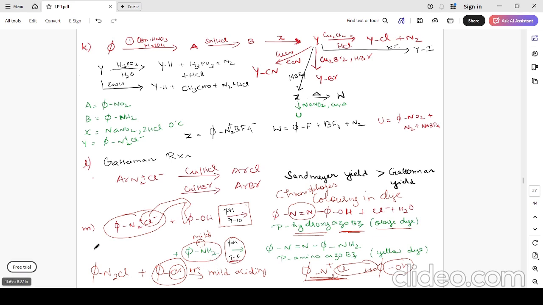Again the same thing is happening. I am having benzene diazonium chloride and I have aniline. This HCl is removed. You can see you are having para-aminoazobenzene, which is yellow in color. So this marks as a qualitative test for benzene diazonium salts.